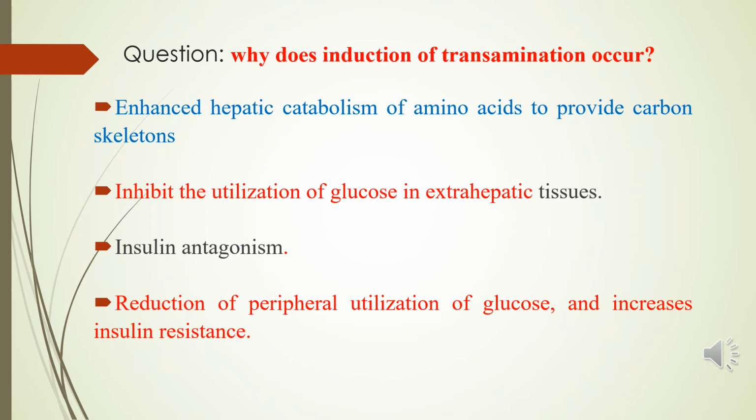So there is some sort of enhanced hepatic catabolism of amino acids due to induction of the aminotransferases, as well as tryptophan dioxygenase, which are induced by the glucocorticoid cortisol.